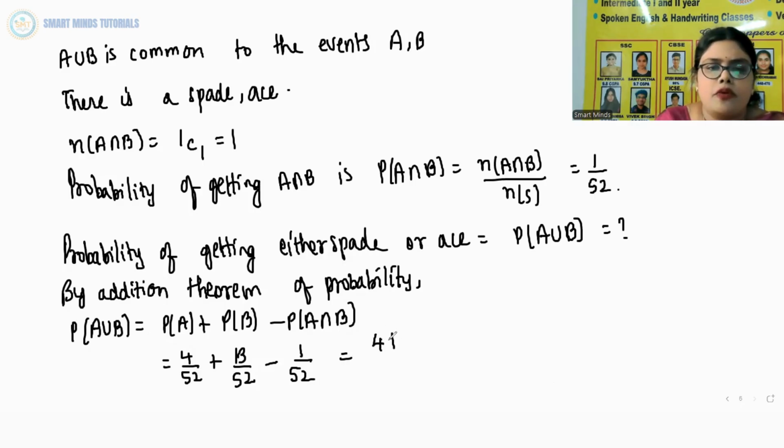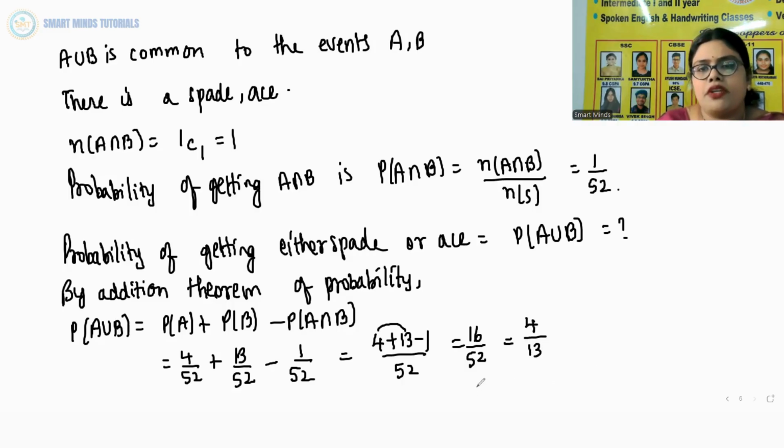So that is 4 plus 13 minus 1 by 52. 4 plus 13 is 17, 17 minus 1 is 16 by 52. That is, 4 4s are 16 and 4 13s are 52. 4 by 13 is the answer.